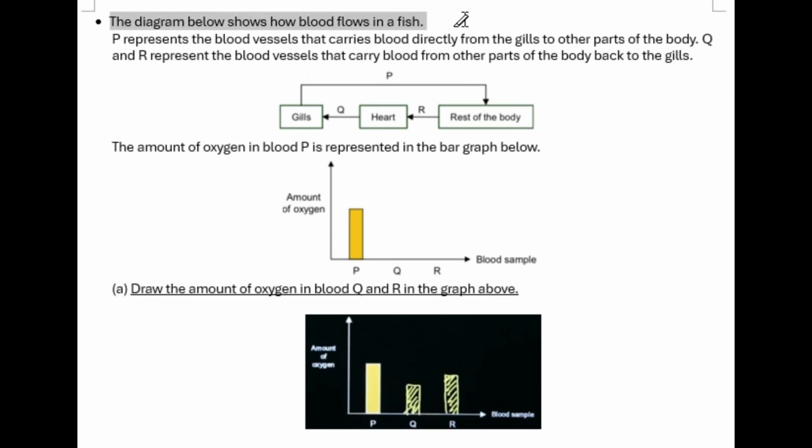The diagram below shows how blood flows in a fish. P represents the blood vessels that carry blood directly from the gills to other parts of the body. Q and R represent the blood vessels that carry blood from other parts of the body back to the gills.